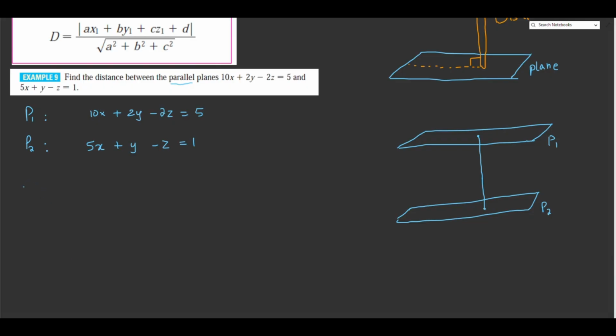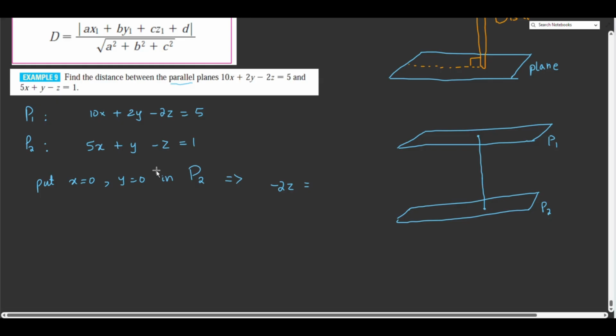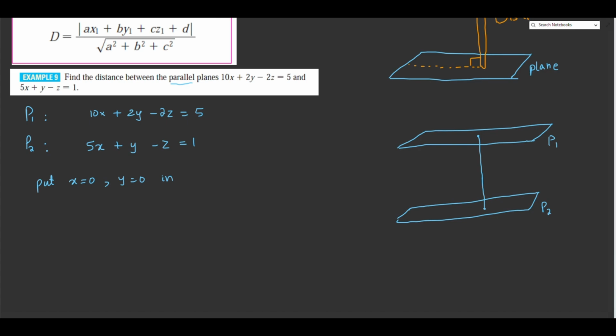In order to get one point on the plane, we can put some simple values: x equal to 0, y equal to 0 in the plane P2, and that will give us minus z equals 1, or z equals minus 1.